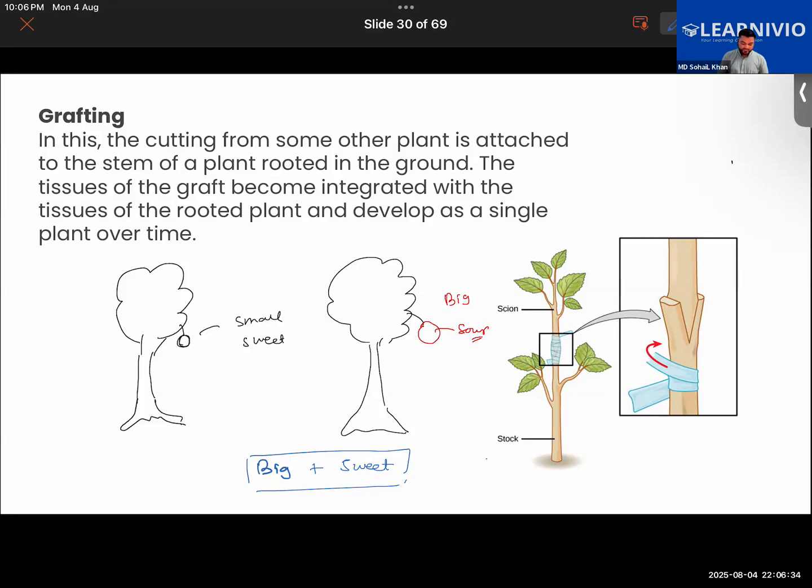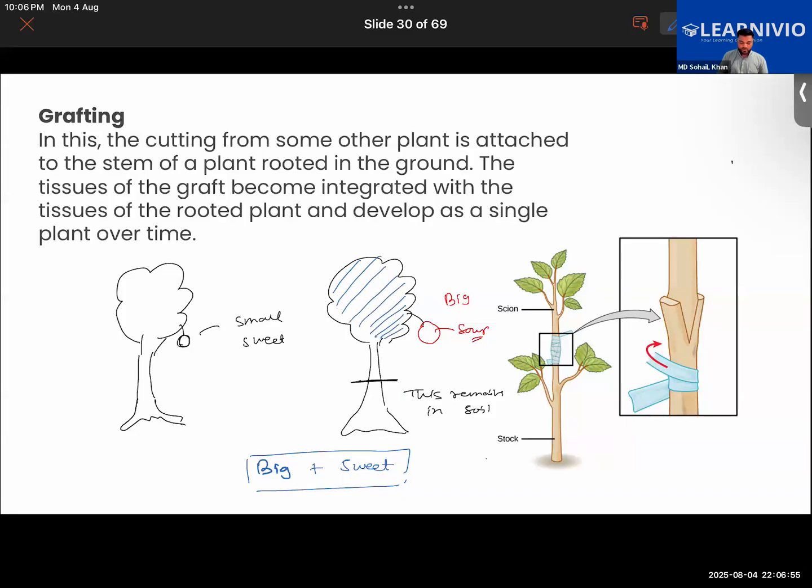One of the plants will remain rooted in the soil. This much portion I am going to cut.